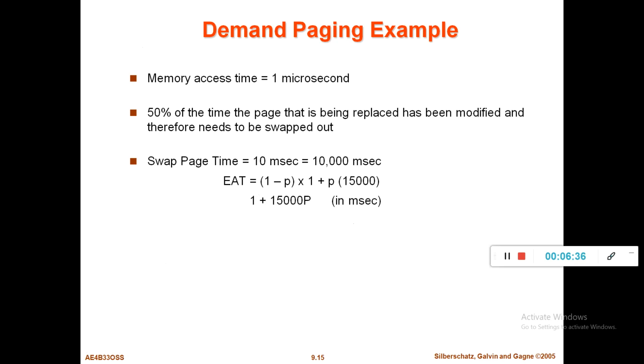So why is it 15,000? Because we are taking that 50% of the time the page that is being replaced has been modified and therefore needs to be swapped out. That's why 50% of the time is going to be added to the 10,000, that is swap in time and swap out time. So after discussing the demand paging example, this is the time required that we are going to calculate.